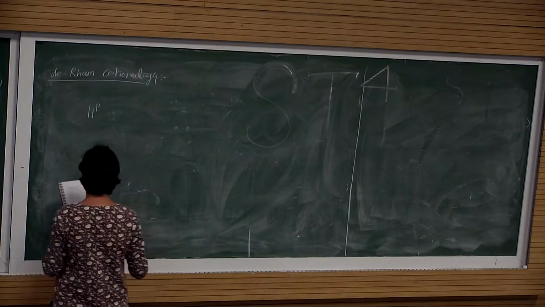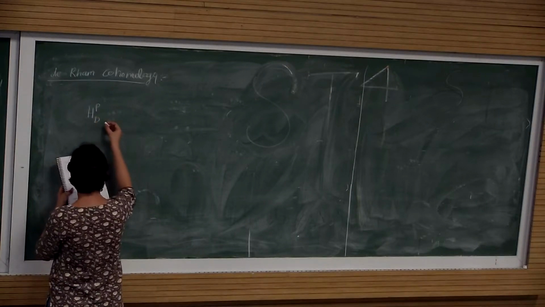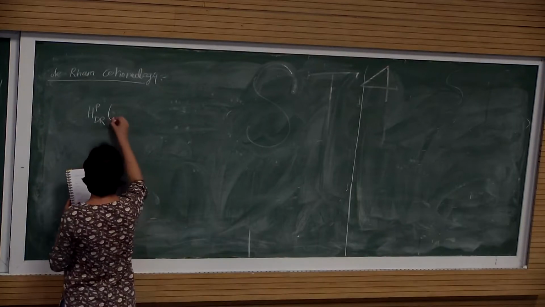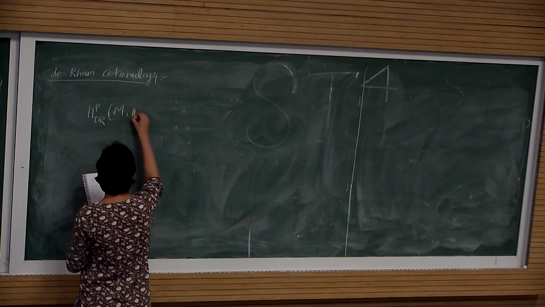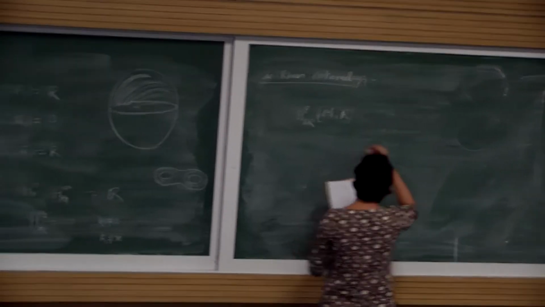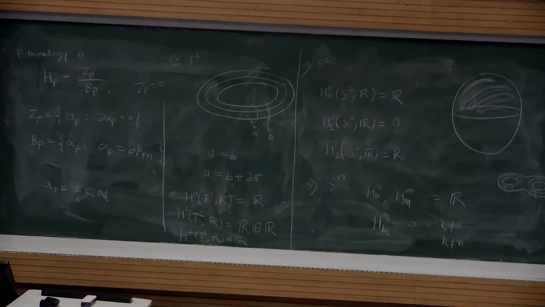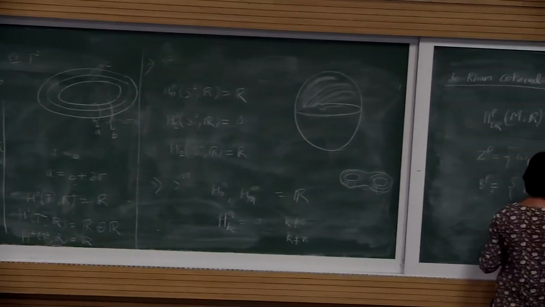So the cohomology H superscript P de Rham of a manifold M over the real numbers is given by a similar definition, and here ZP is the set of all P forms which are closed, and you can guess BP will be given by all P forms which are exact.